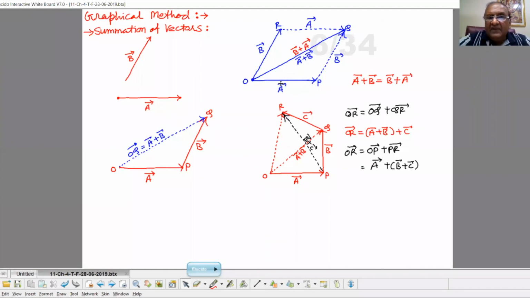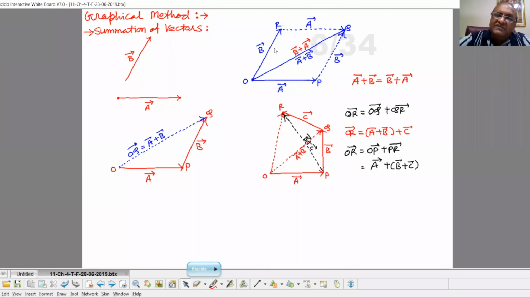See, here in the parallelogram, these opposite sides are parallel to each other as well as of the same length. Means we can say this thing: if here we prepare this vector PQ, then vector PQ is vector B. Now, to this triangle OPQ, if we apply the triangular method for the summation, then we can say vector OQ is A plus B. Clear?